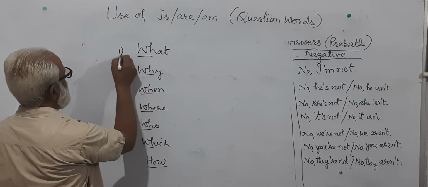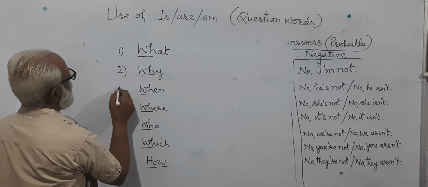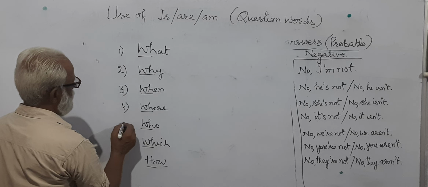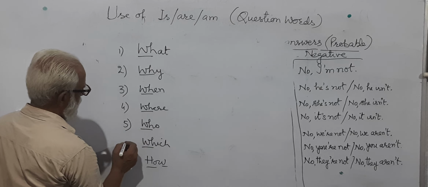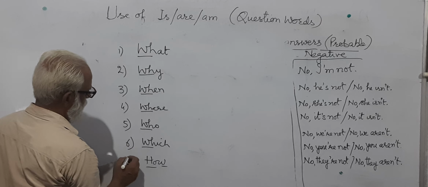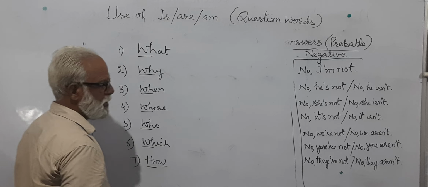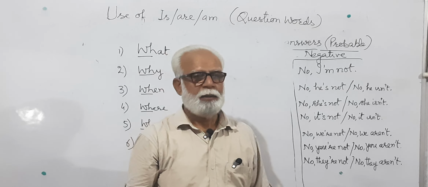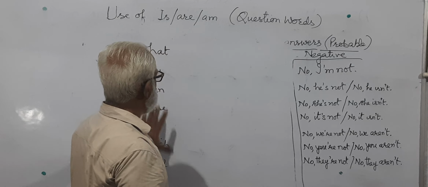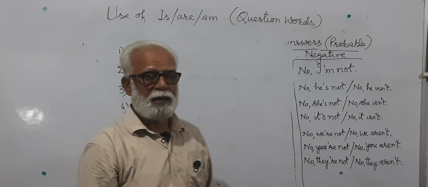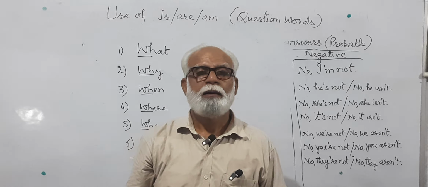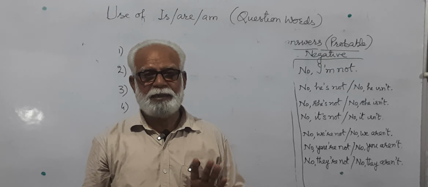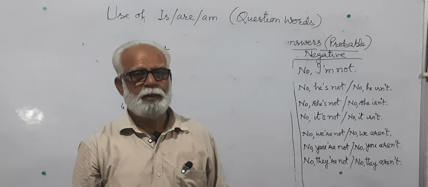So these 7 question words help us in getting complete information about a subject. So whenever we use these, our answer should be elaborated, should be in detail, right?